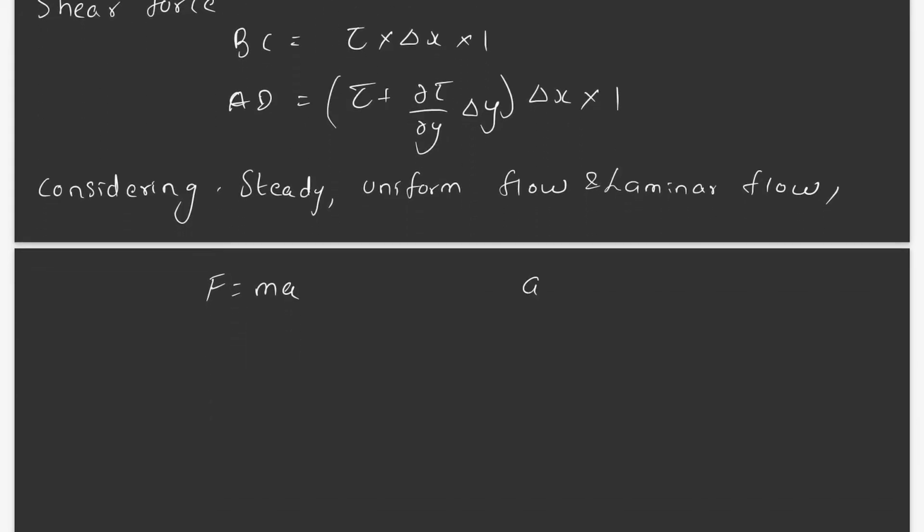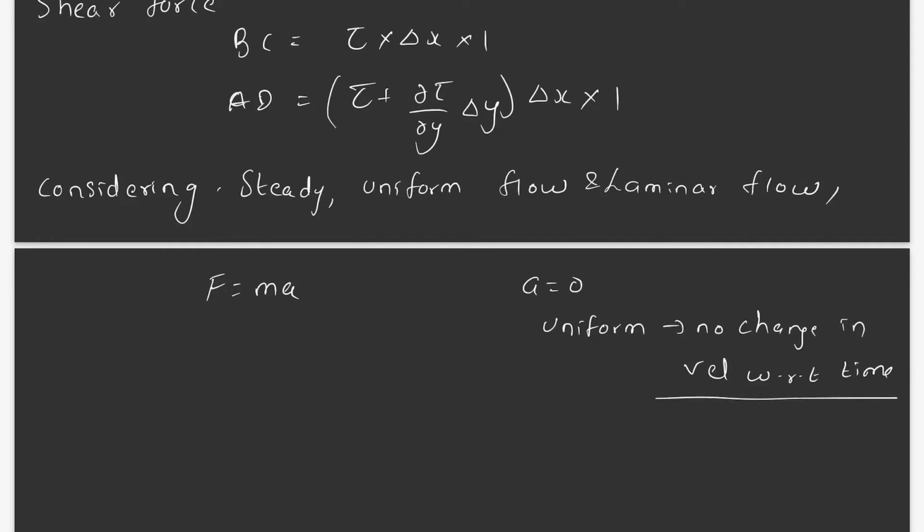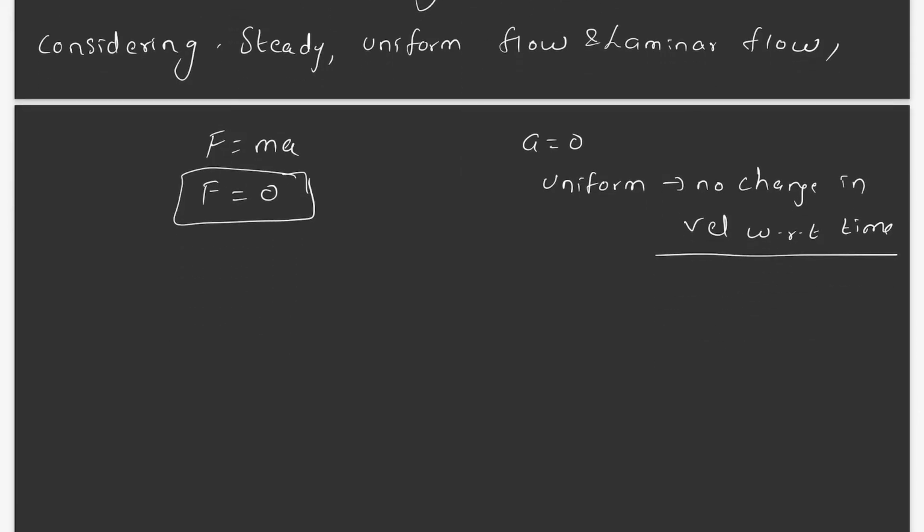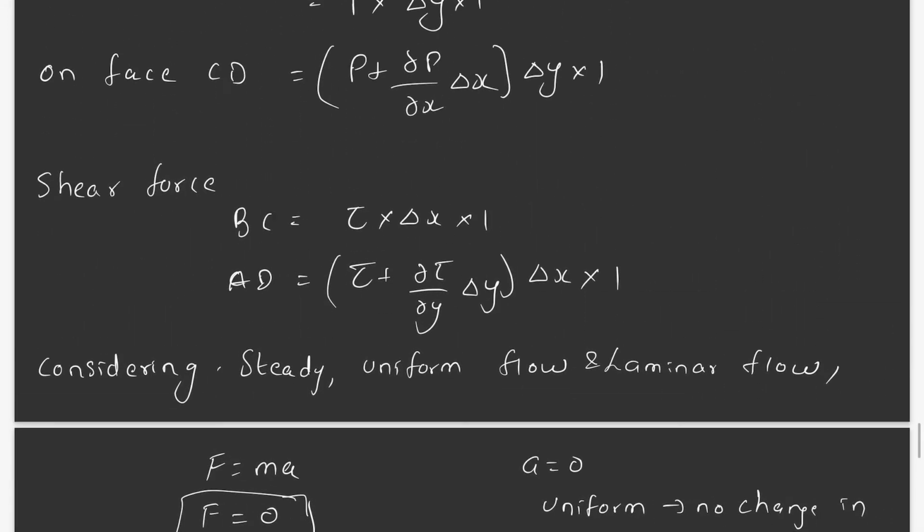Why is acceleration 0? Uniform flow means no change in velocity with respect to time. So acceleration is equal to 0, which means the net force acting on the fluid element is equal to 0. This is why we equate the summation of pressure and shear forces to 0.